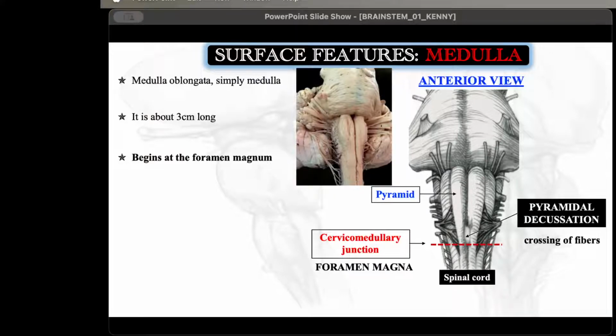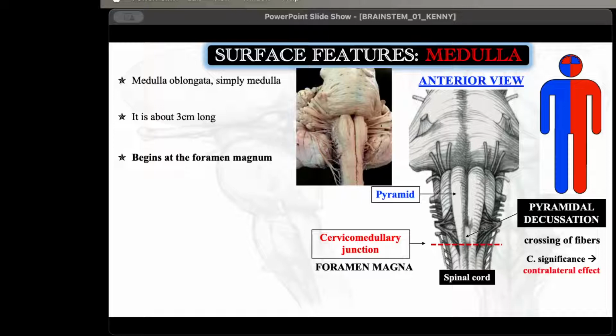But I always ask students what is the clinical significance of pyramidal decussation. Well, pyramidal decussation is the one that determines the contralaterality of the brain. Most of the motor fibers of the motor areas of the brain cross, so if someone has damage on the left side of the brain, the motor deficit will be on the right side of the body.